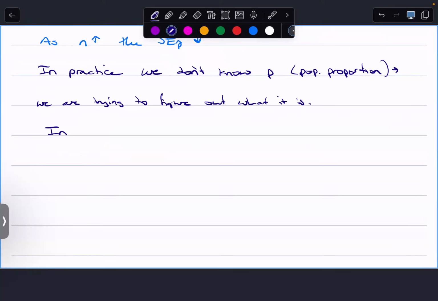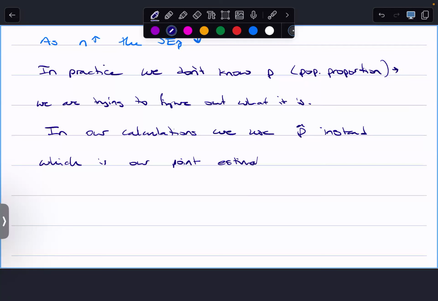So in our calculations, we use P hat instead, which is our point estimate of P, kind of introducing that terminology as well, or reviewing it, our best guess at what P might be.